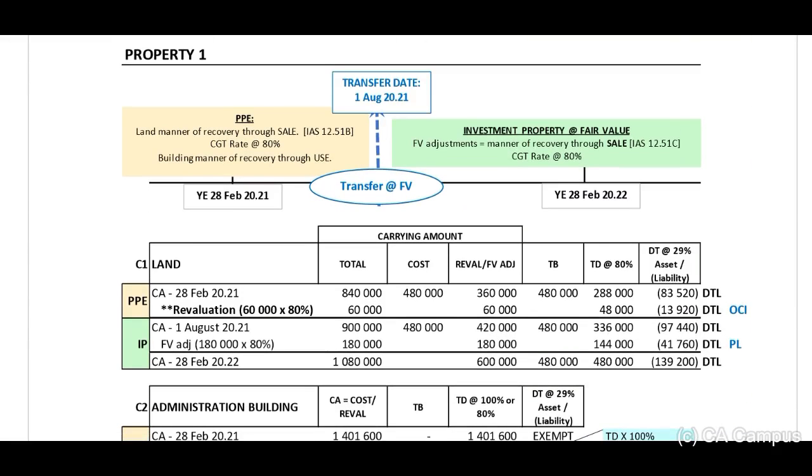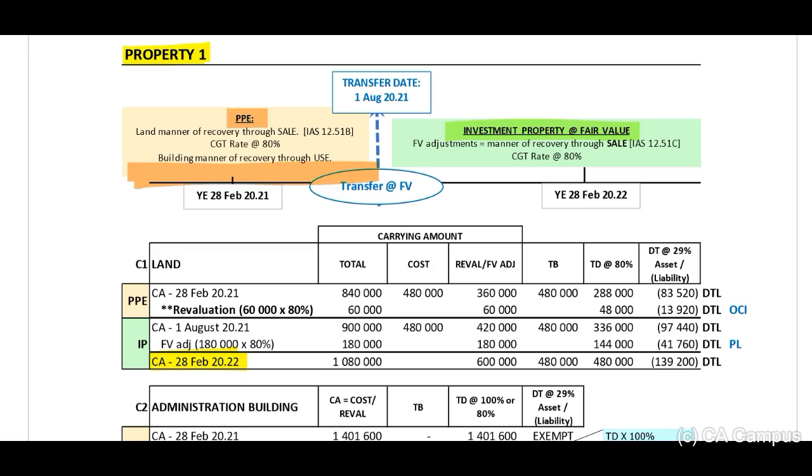Now, if we look at property 1, remember property 1 was PPE. We have PPE transfer to investment property. Now, if you think about your deferred tax calculation and your rules, remember we need to include the notes for 28 February 2022.